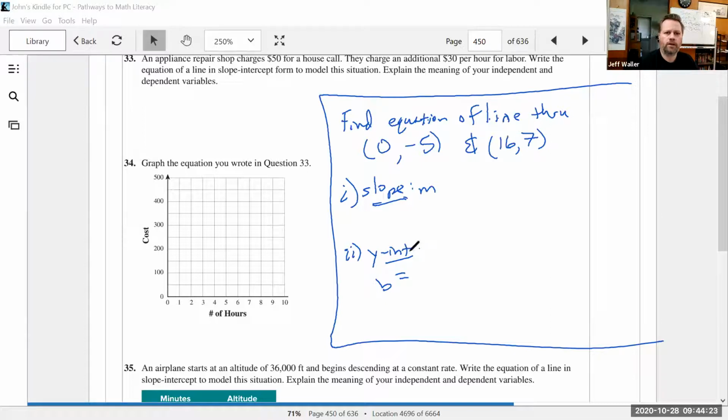Do we know the y-intercept? -5. Yeah, 0, -5 is the y-intercept. So we know it. So B is the y piece. So we know B, kick ass. All I need now is M. I'm going to shut up for a minute. You guys figure out what M is. It's going to be slightly gross. It doesn't matter.